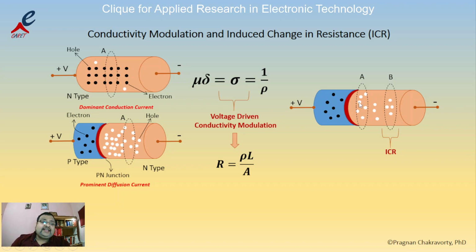Therefore, due to the change in resistance at point A, there is an induced change in resistance at point B due to the diffusion current flowing from A to B. Here we must remember that point B is electrically connected to point A, and this is simply called induced change in resistance.